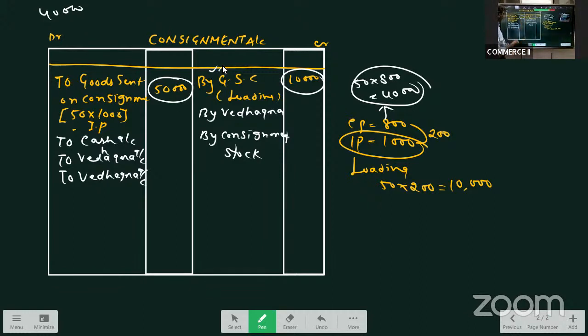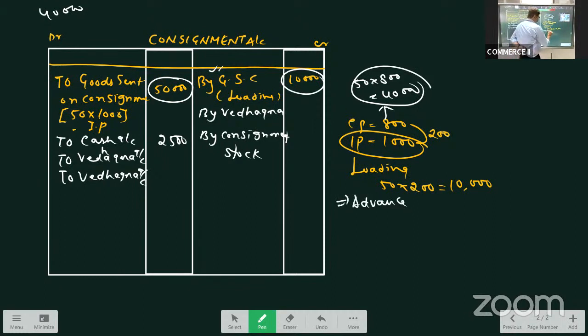Okay, so now let us take what are the expenses of consignor, that is Manasvi, 2,500. 2,500 are the expenses paid by consignor, Manasvi. Then Vedagna sent an advance of 25,000. This advance amount given by consignee will appear in consignee account. Okay, take a note of this.